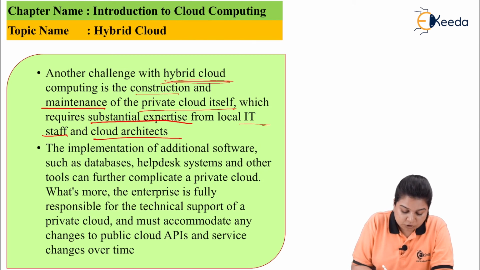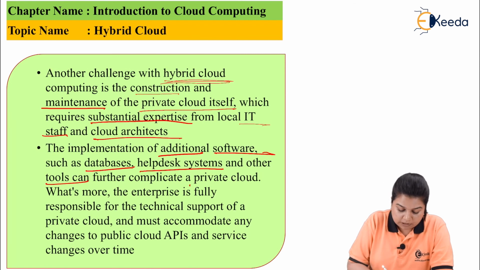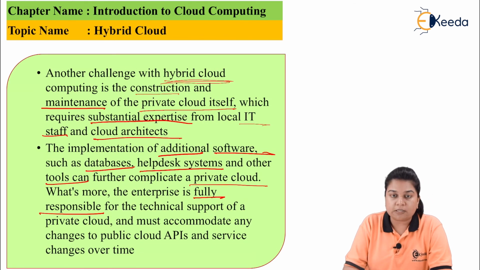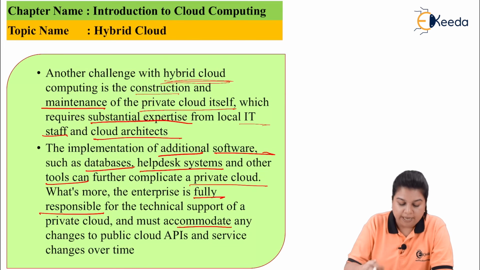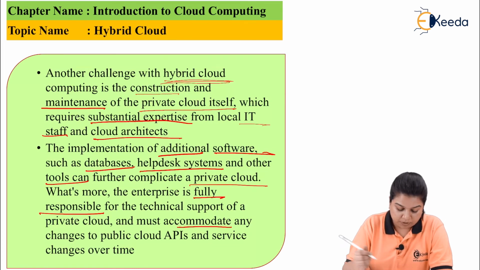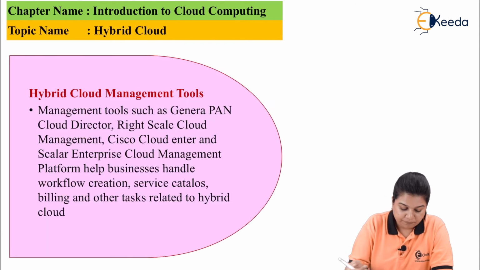The implementation of additional software such as databases, help desk systems, and other tools can further complicate a private cloud. What's more, the enterprise is fully responsible for the technical support of a private cloud and must accommodate any changes to the public cloud APIs and services over time.